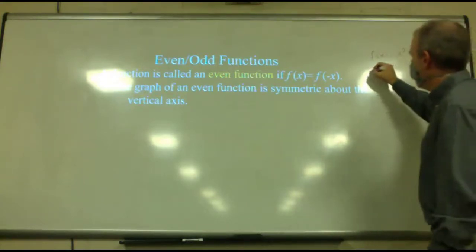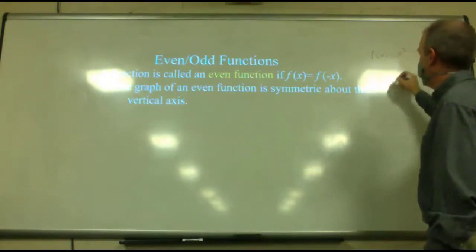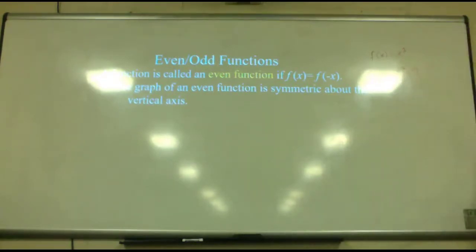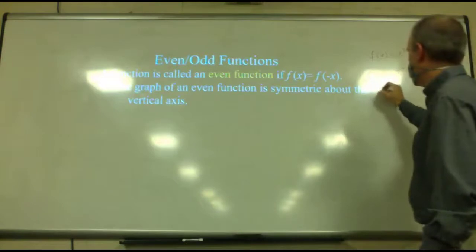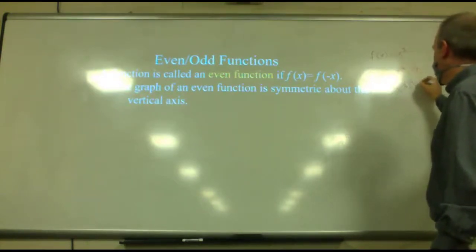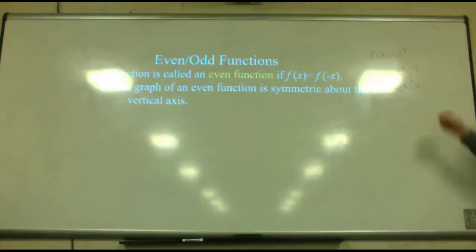If I take f of 3 and I plug it in, and that means 3 squared, I get 9, correct? If I take f of the opposite of 3, which is -3, and I take -3 and square it, I get 9. And that will work for any number that you put in. F of x equals x squared is an even function.